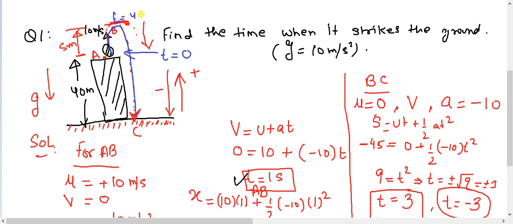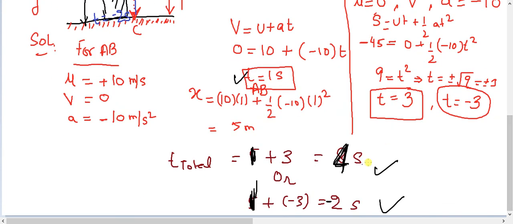And the other, 2 seconds, was if the ball could directly go from here till here. This time t will be here equal to minus 2 seconds. That is why we've calculated the 2 times. We are going to neglect the negative time. So the final answer is this and not this.